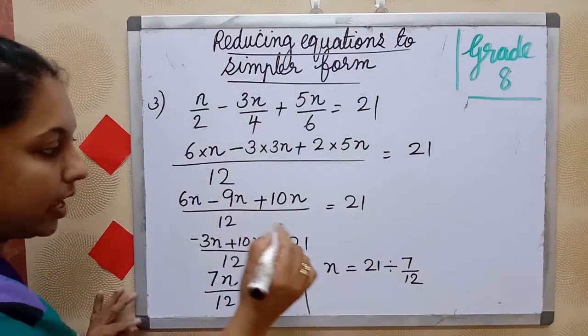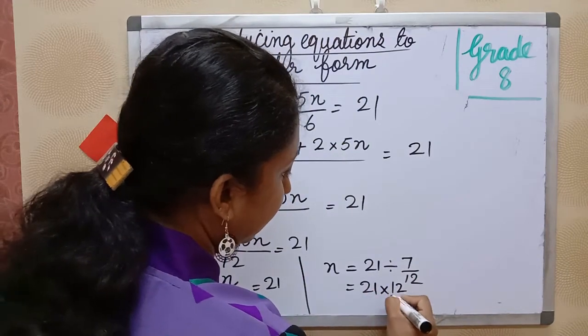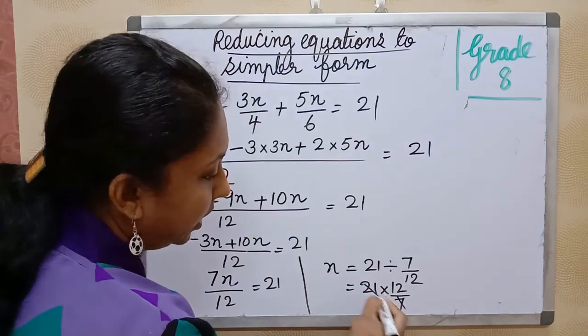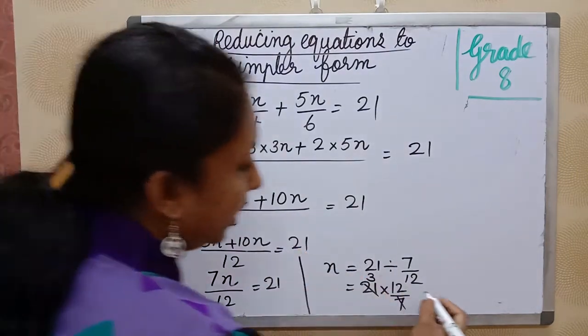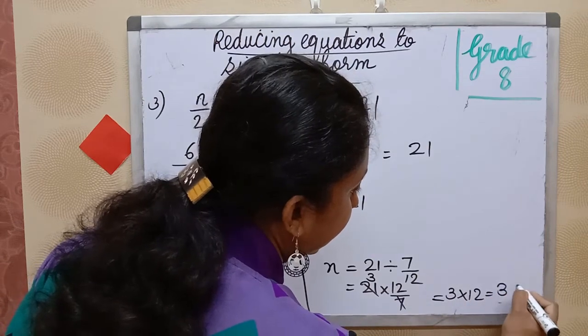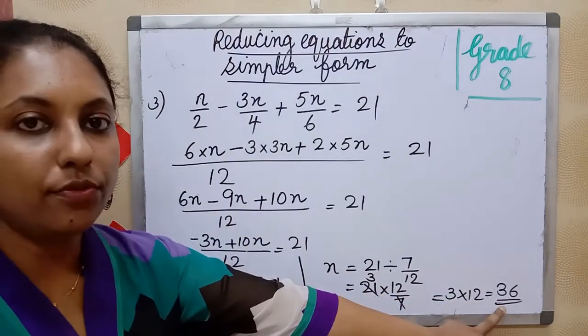By transposing we have to divide. How can we divide this? By taking the reciprocal and then multiplying. So 7 3s are 21. So n is equal to 3 into 12, that is 36. 36 is the value of n.